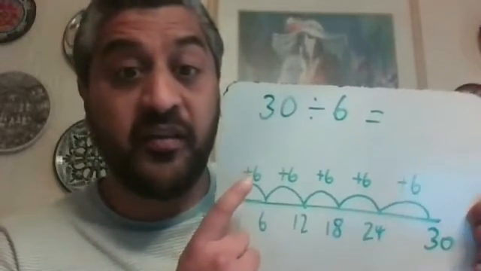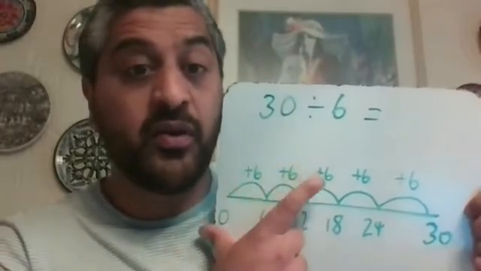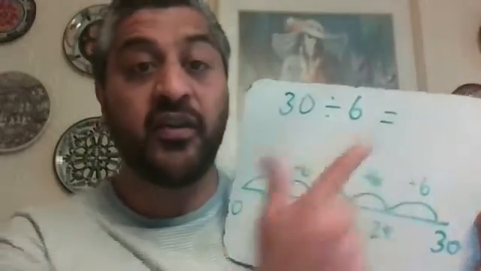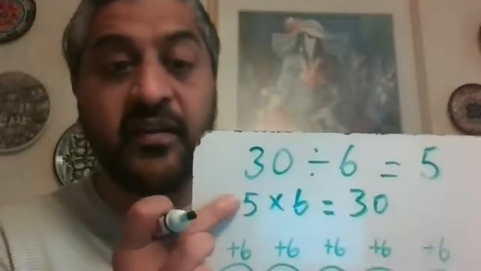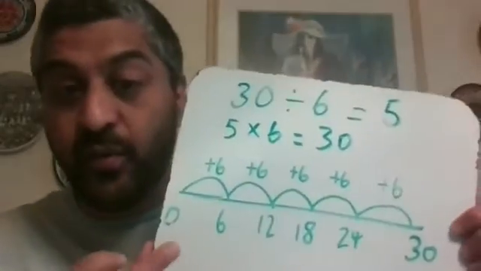So how many groups do I have? I have 1, 2, 3, 4, 5. The answer is 5. And actually, if you know your times tables, it's very important to know your times tables. If you know that 5 times 6 equals 30, then you wouldn't need to do all of these steps.